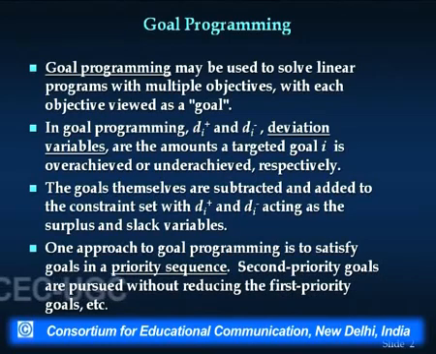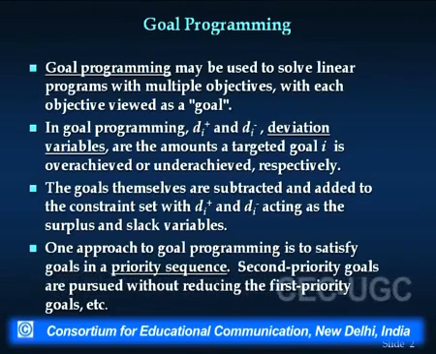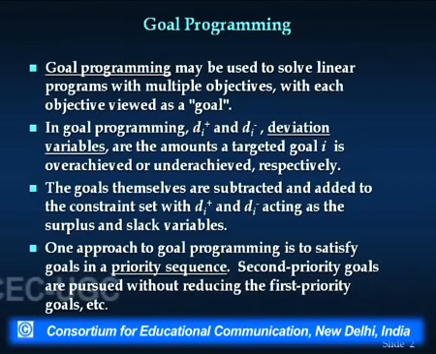The first statement in goal programming problem is we have more than one objective to be fulfilled, to be achieved. In goal programming, Di plus and Di minus are the deviation variables, or the amounts a targeted goal i is overachieved or underachieved respectively.